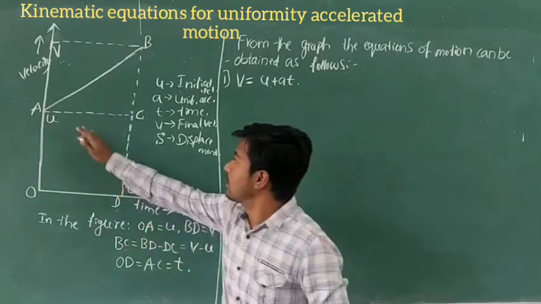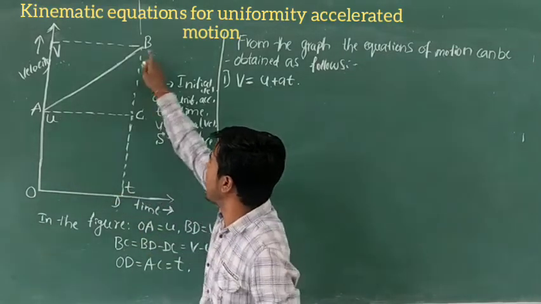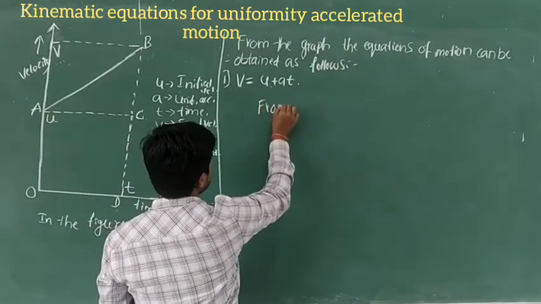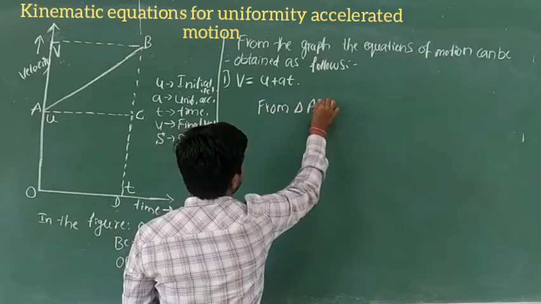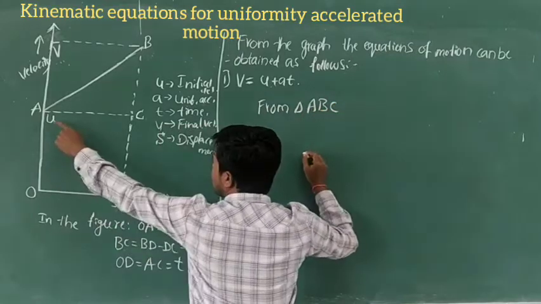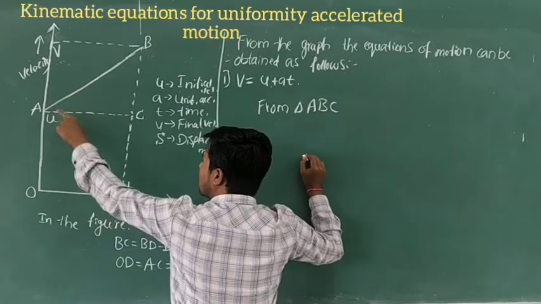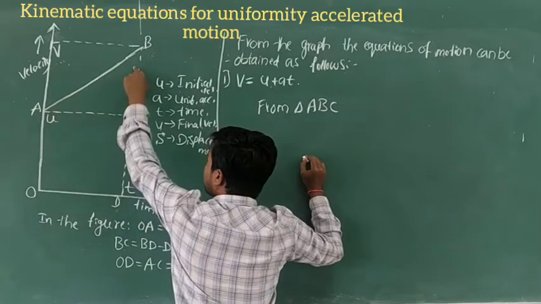Okay, so now from the figure, from the triangle ABC, the acceleration A of the body is equal to the slope of AB.